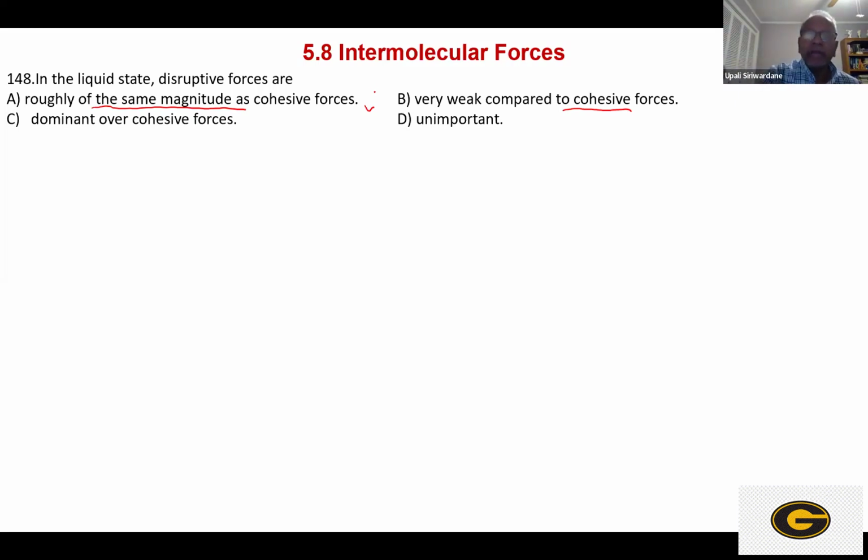In gases, the disruptive forces are the highest, and the cohesive forces are not there. Therefore, in liquids, statement A is the correct answer.